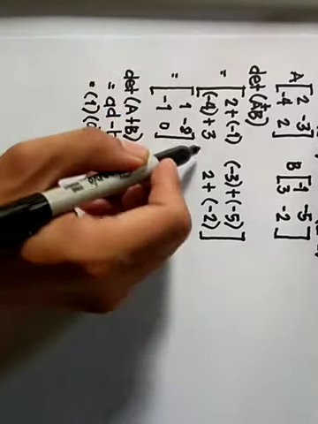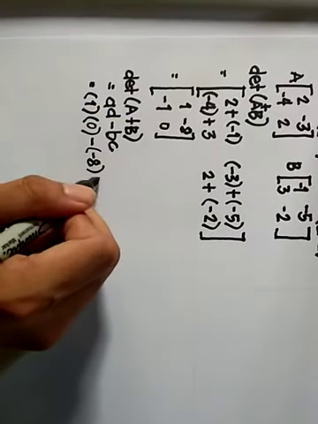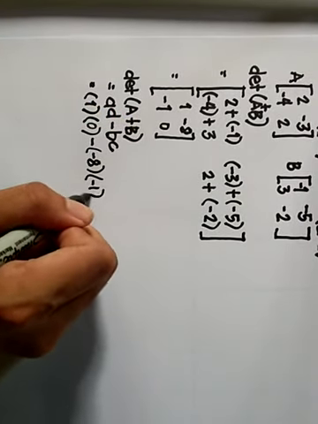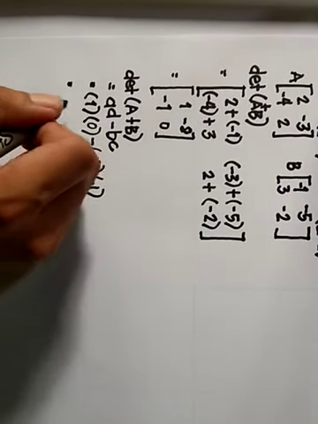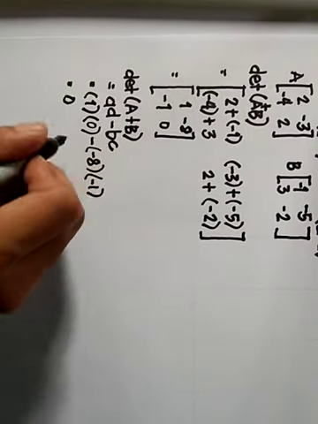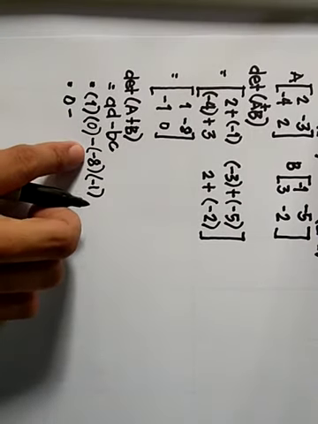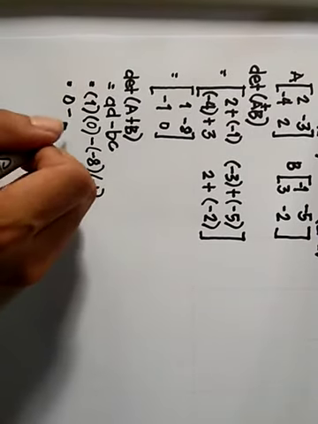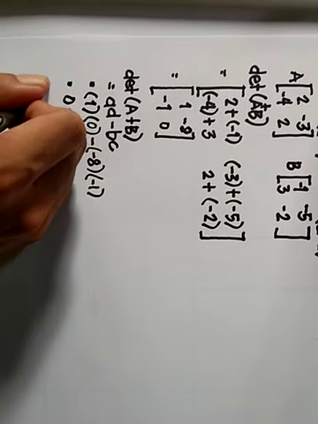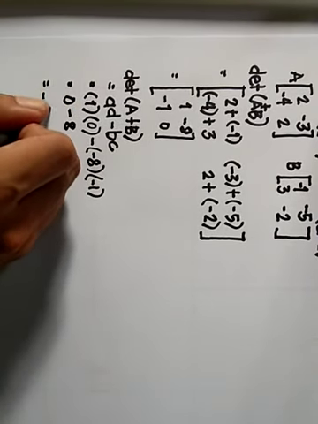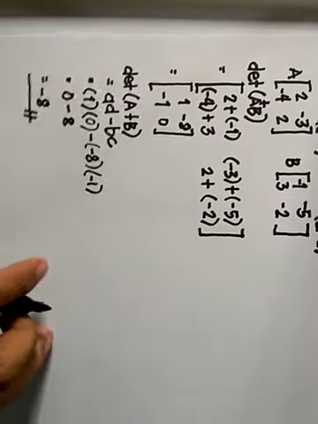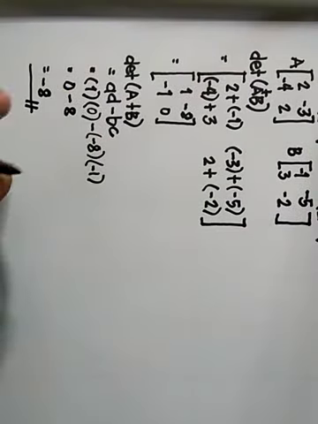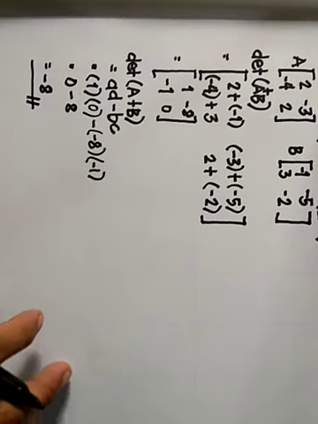And then, diagonal, downward, we have negative 1. So, we have the product of 1 times 0, which is 0. And then, minus negative 8 times negative 1, we have positive 8. So, 0 minus 8, we have negative 8. So the determinant of our matrix A plus B is negative 8.